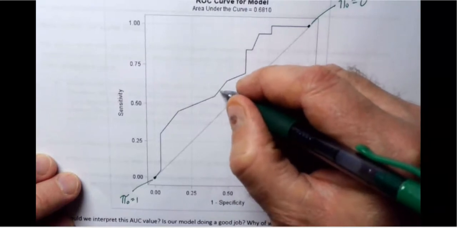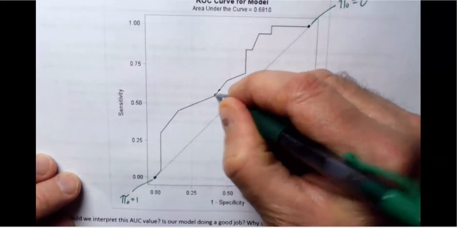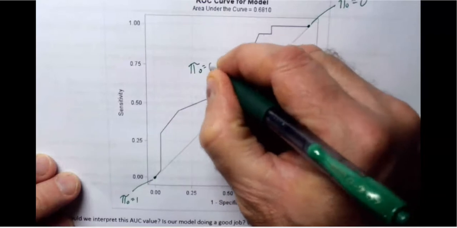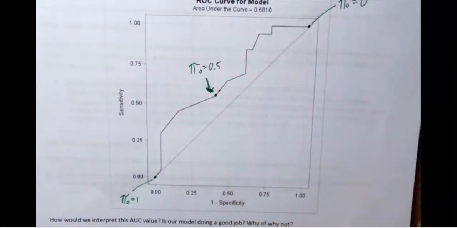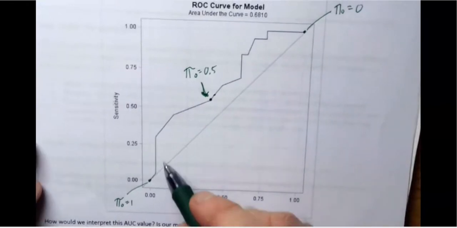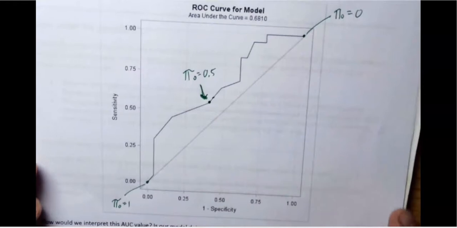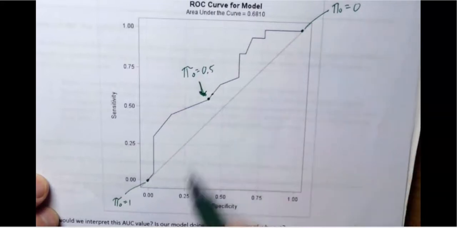So it was somewhere in this area. Maybe it was this point, I'll say. And this is approximately pi 0 equals 0.5. But notice that this curve now has more points than our little curve of 3 points did, because this is using pi zeros all the way from 0 to 1.